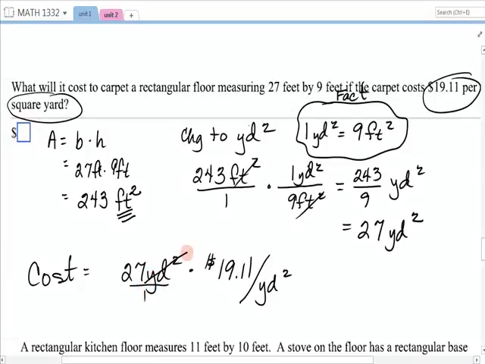You've got some yards squared on top, you've got some yards squared on bottom. The yards cancel out, and you're just going to multiply the numbers, which probably is what you would have done anyway. So I'm doing it on my calculator, and I get a cost of $515.97, and it is in money.